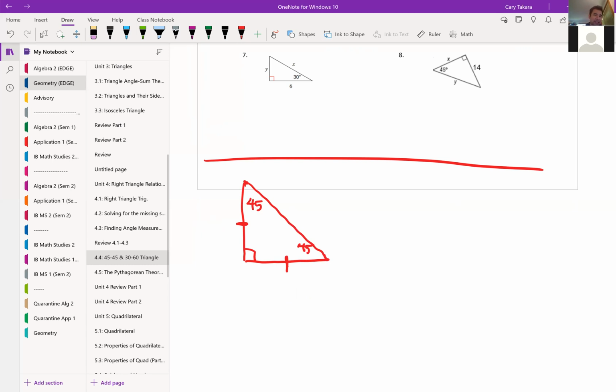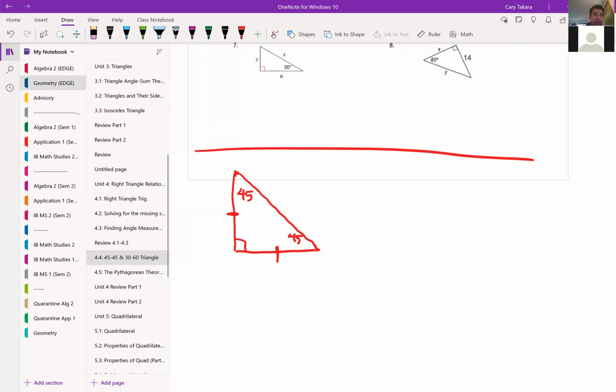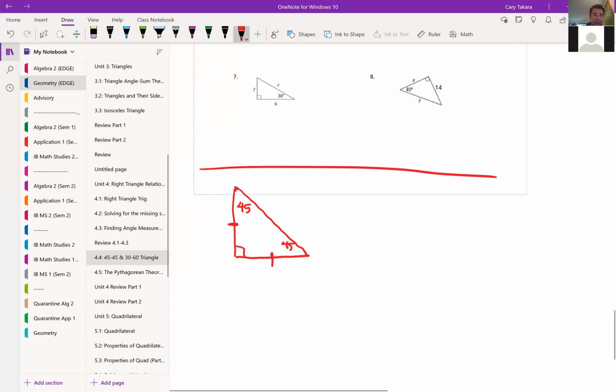The challenge is to figure out the hypotenuse, or maybe I will give you the measurement for the hypotenuse and then figure out the shorter side, the legs, okay? So we call that leg, and then hypotenuse.